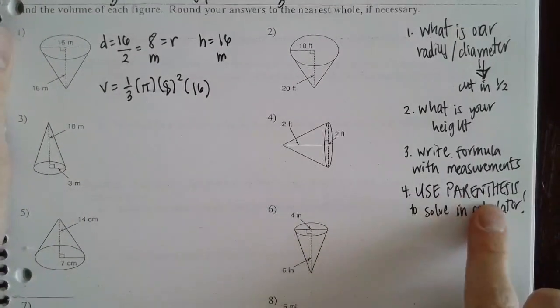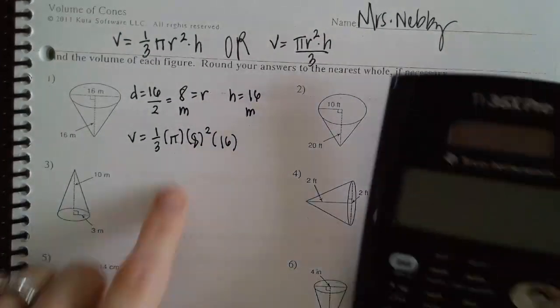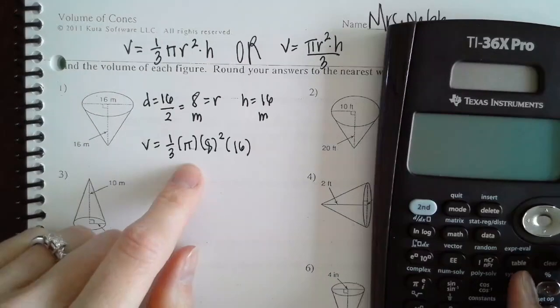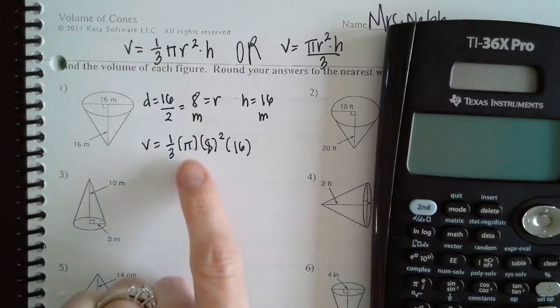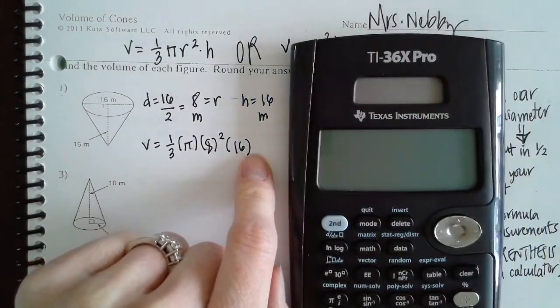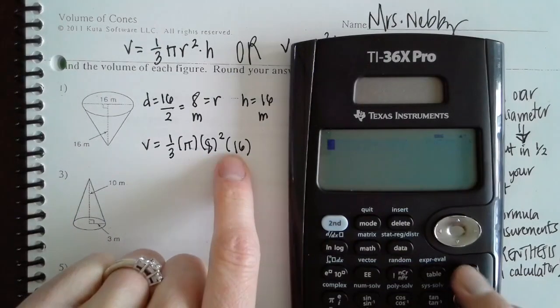Okay, so then our next step is to use parentheses to solve in calculator. So that's what we're going to do. Now what we want to do is very similar to what we did with our other shapes. We want to figure out our answer in terms of pi. So the first step is not to multiply by pi through this equation. We're just going to do this second part of it.